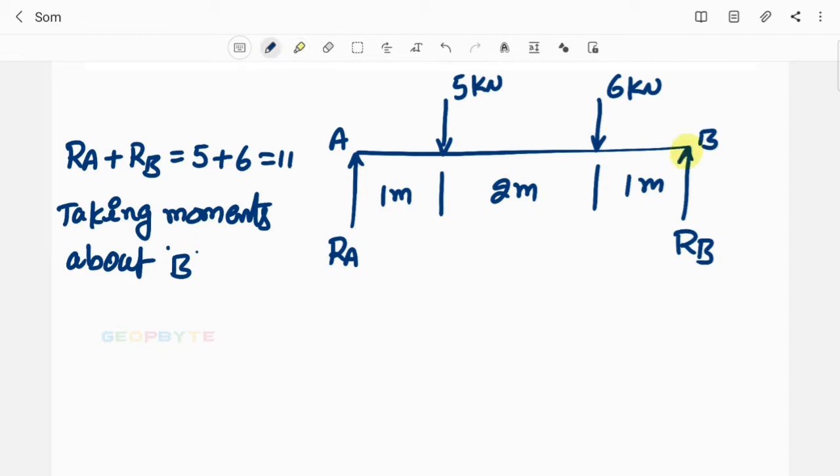RA into total distance 4 is giving the clockwise moment. The sum of the clockwise moments must be equal to the sum of the anti-clockwise moments.